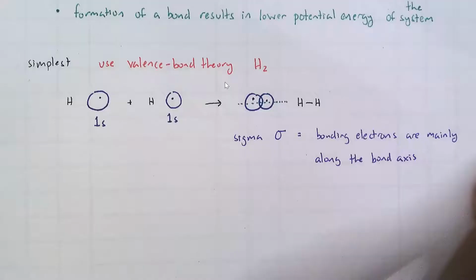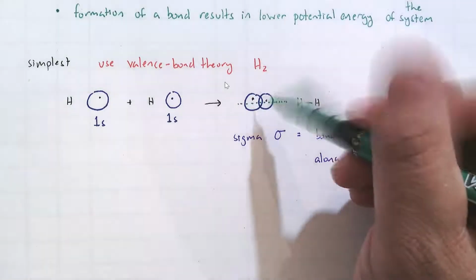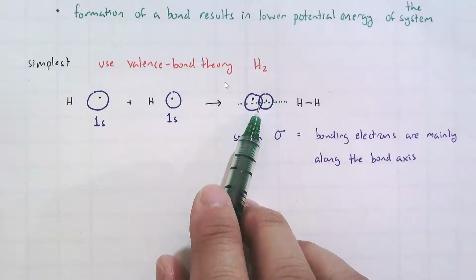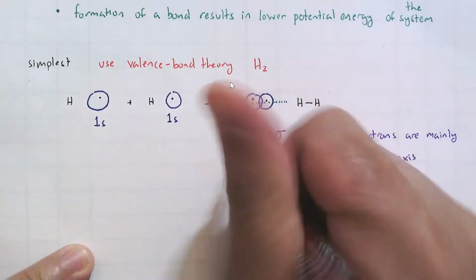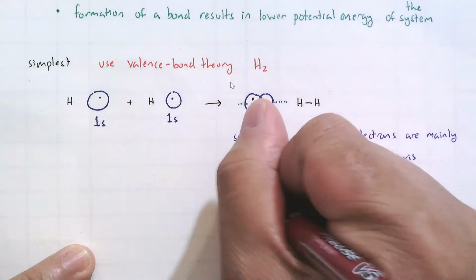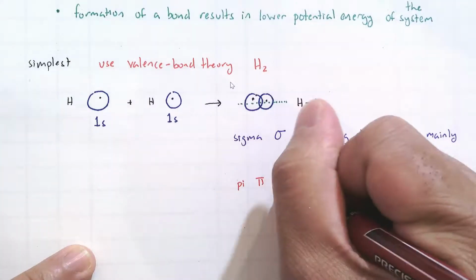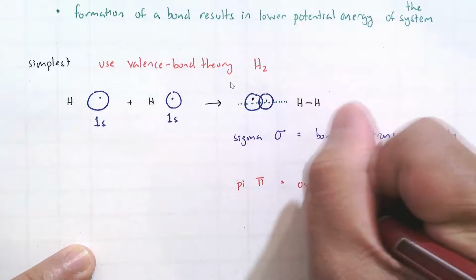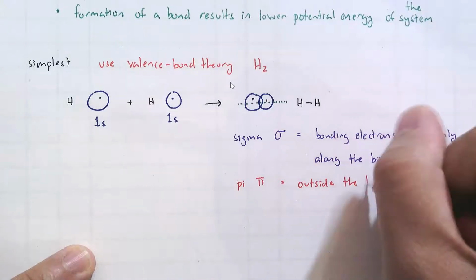That may sound a little strange, like how else can there be a bond? But there are actual bonds where electrons mainly exist away from the bond axis. Those are called pi bonds, and we're not going to look at that right now. Let me write that down just as a comparison. Pi bonds are outside the bond axis.